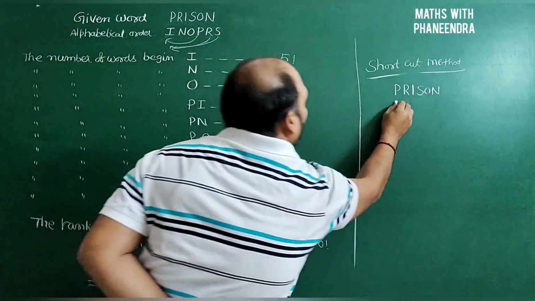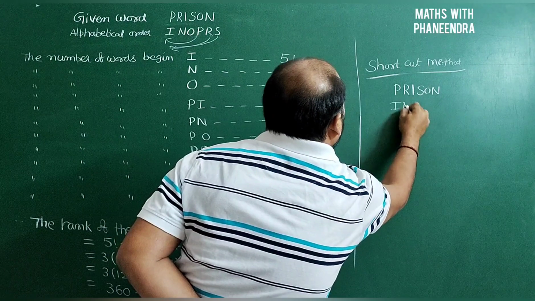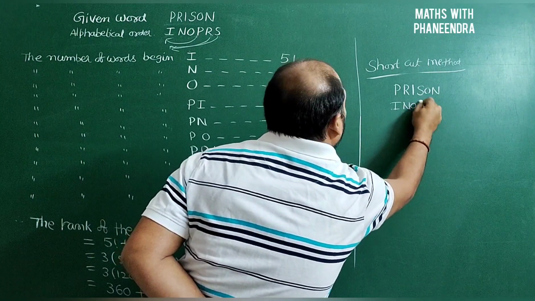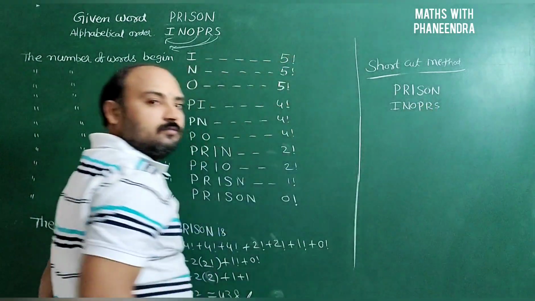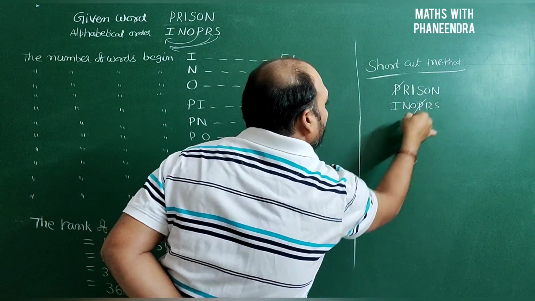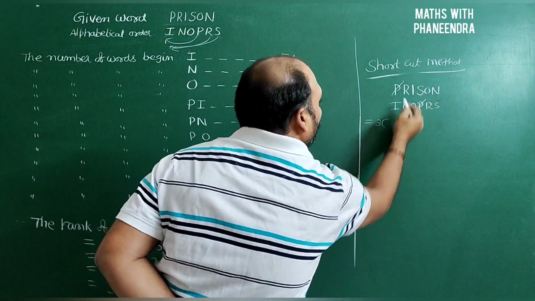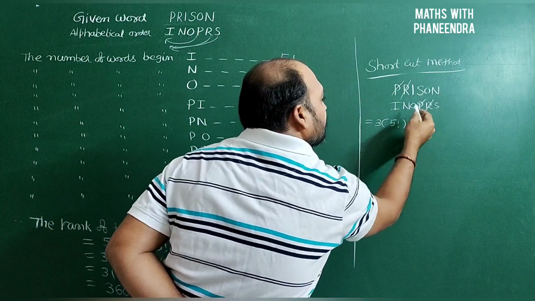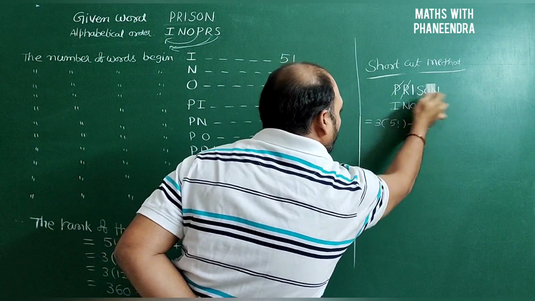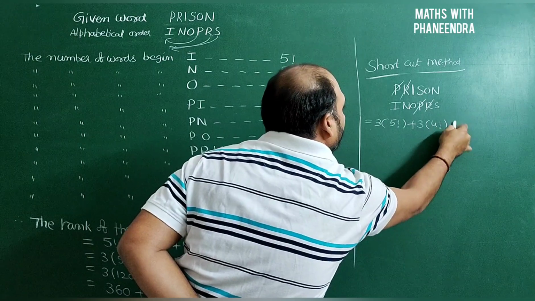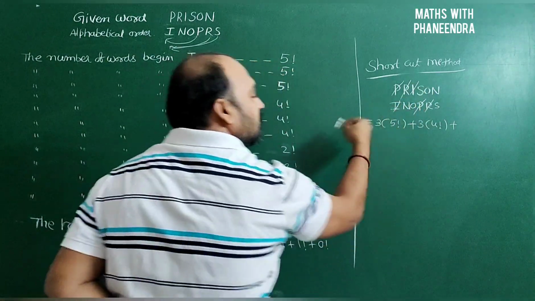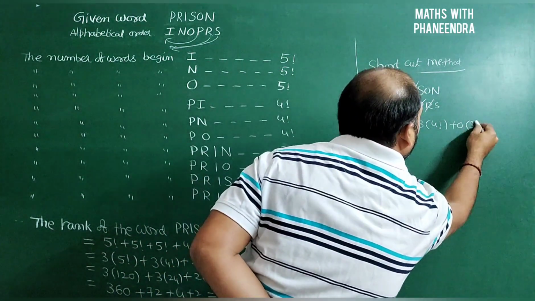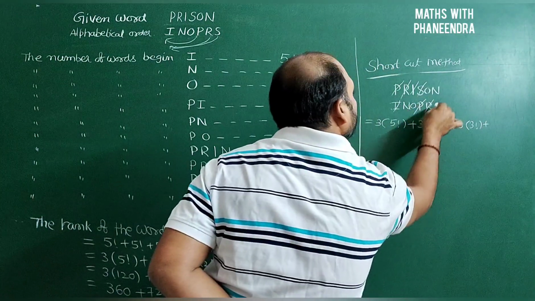PRISON. INOPRS. So P gets cancelled. Here 3 are there now. 3 into 5 factorial. Plus R gets cancelled. Before the 3 is there. So remaining 4 factorial. So I gets cancelled. No element is there. 0 into 3 factorial. Plus S gets cancelled.